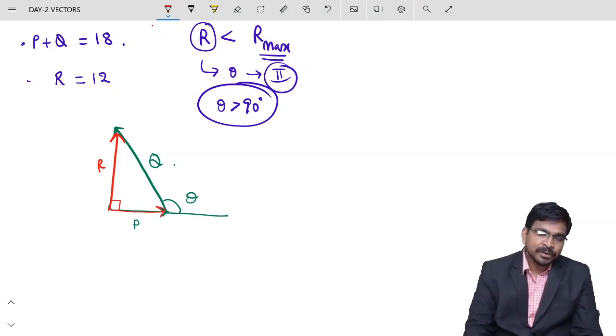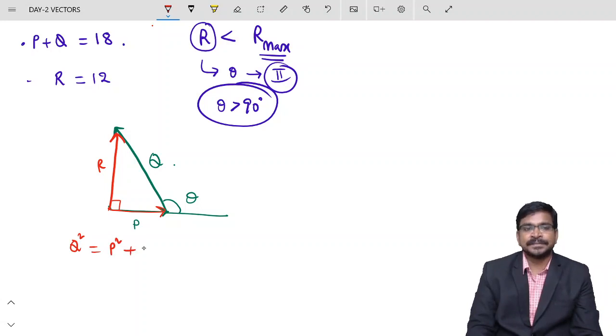So according to this triangle, I can write Q square is equal to P square plus R square, right?